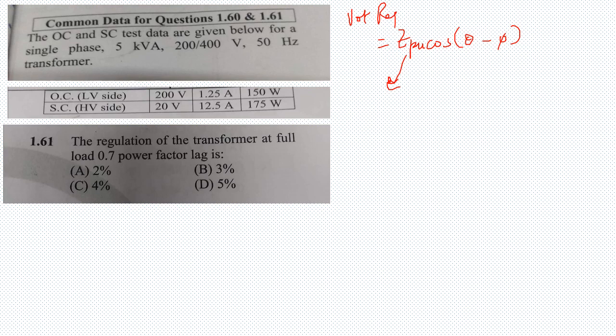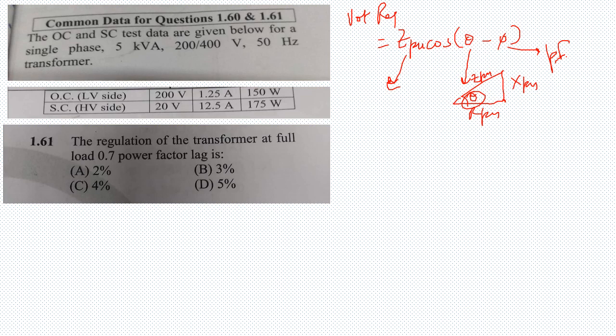If this is Z per unit, this is X per unit, and this is R per unit, then theta is the impedance angle of the transformer, and phi is the power factor. The power factor is already given to us, and we need to find the other values.